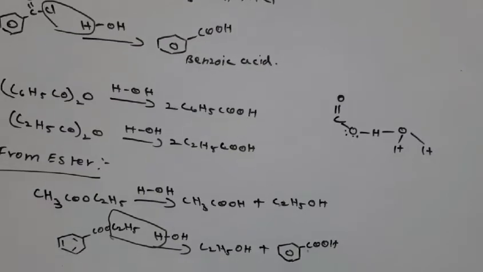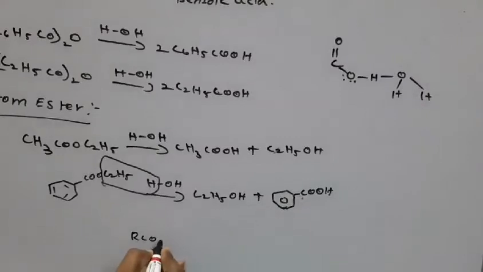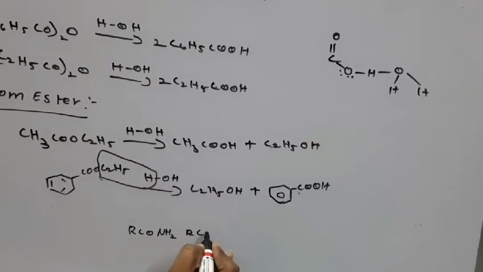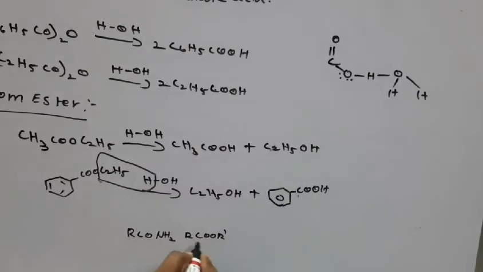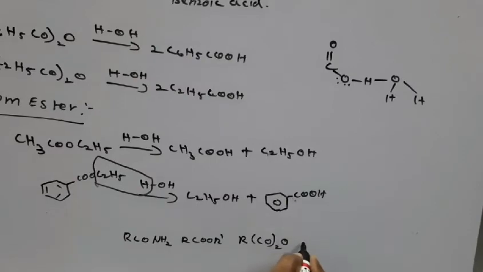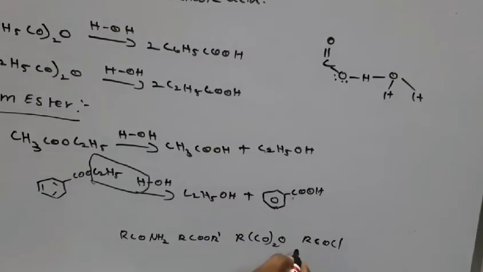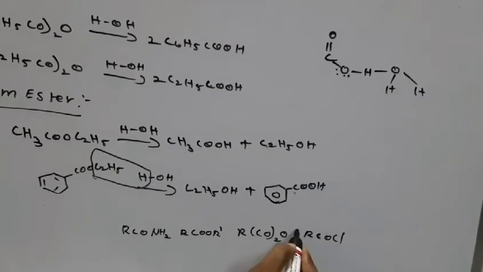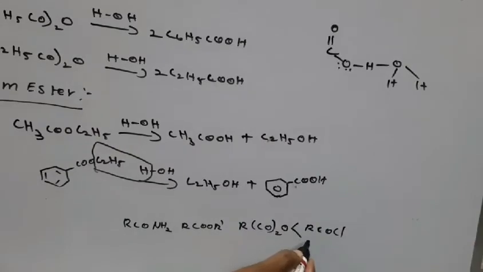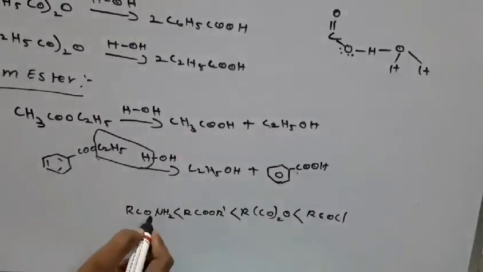The order of reactivity toward water: RCONH2, this is amide; RCOOR', this is ester; RCO twice O, this is anhydride; and RCOCl, this is acid chloride. Acid chloride undergoes hydrolysis most easily, then anhydride, then ester, and the last one is amide.